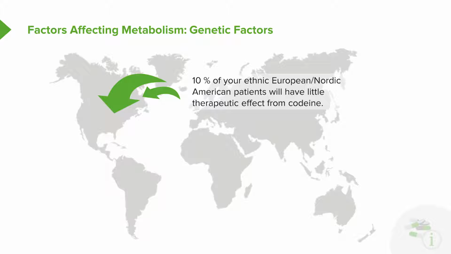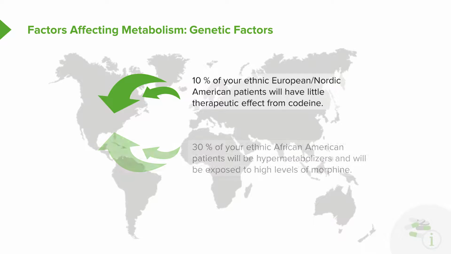So you have to use higher doses of codeine or perhaps switch to actual morphine to treat them. On the other hand, when you take a look at patients from the African continent, 30% of your ethnic African American patients will be hypermetabolizers. So they will be exposed to excessively high levels of morphine when they take a small dose of codeine.